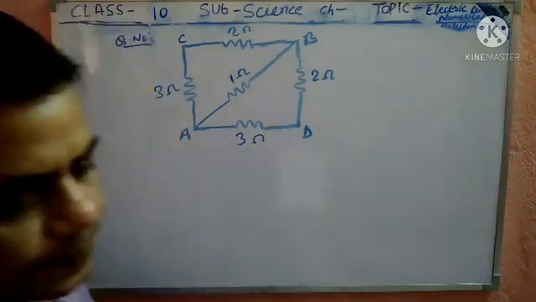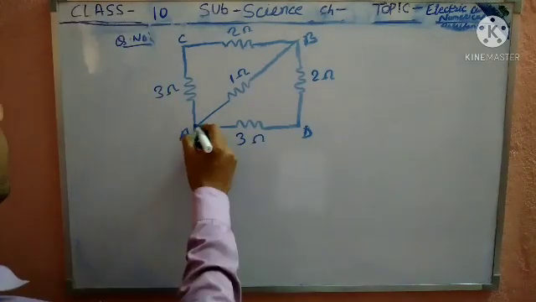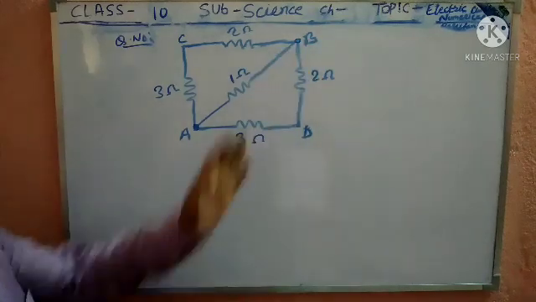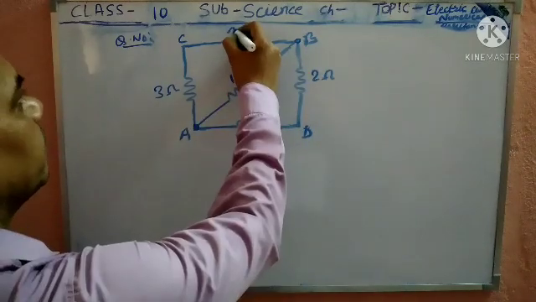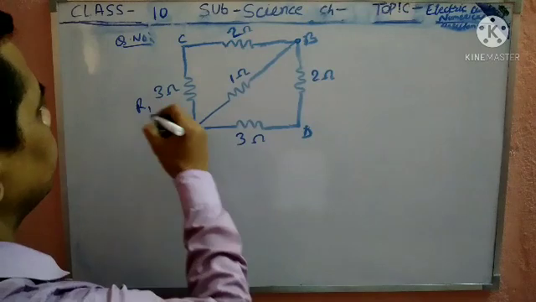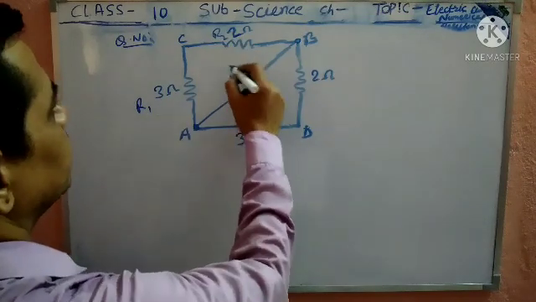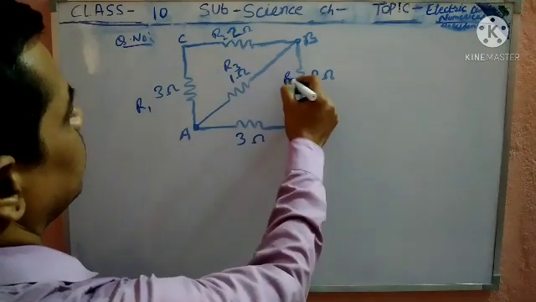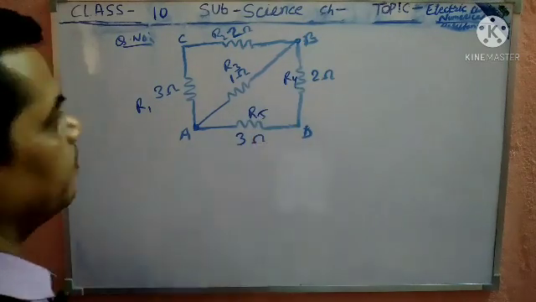To solve the numerical, name them R1, R2, R3, R4 and R5.